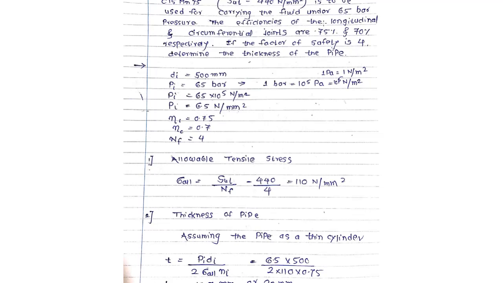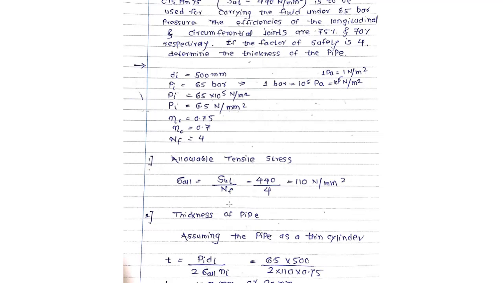After that, in the numerical they have mentioned two efficiencies, one is 75% and the other is 70%. Write down these values, and the factor of safety they have mentioned is 4. As I said in the last video, the first thing you have to find out is the allowable tensile stress, because in order to find the thickness we require the allowable tensile stress.